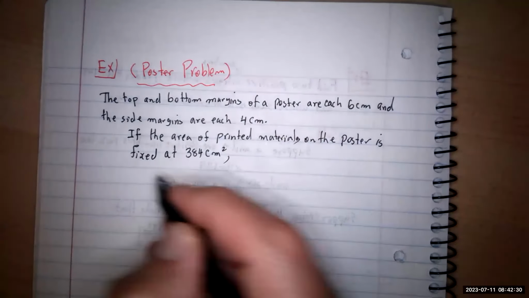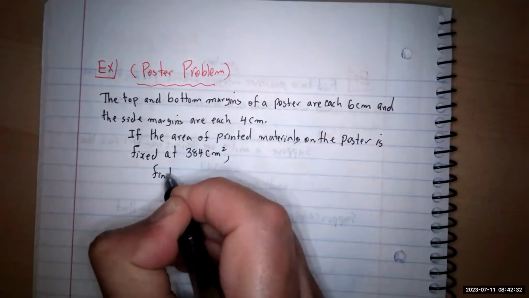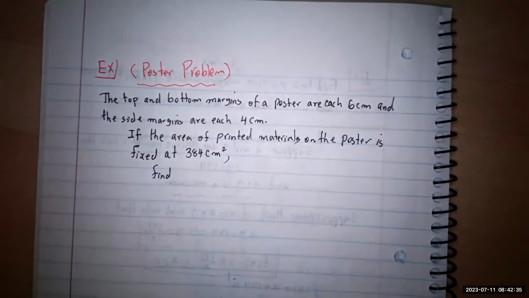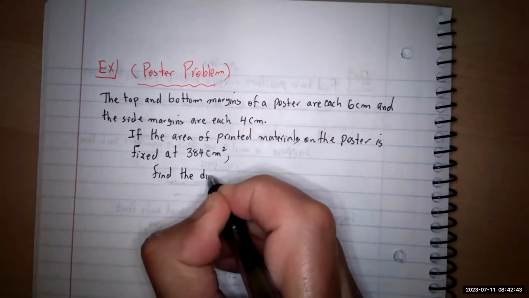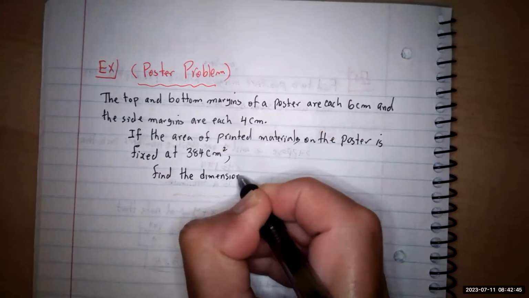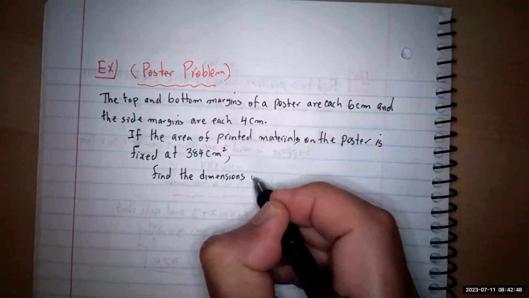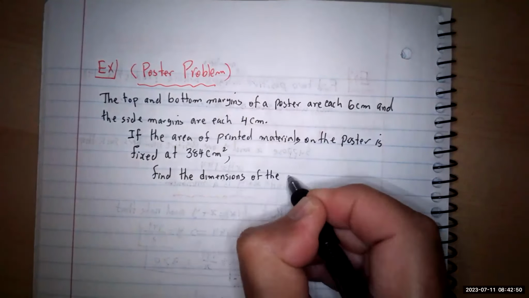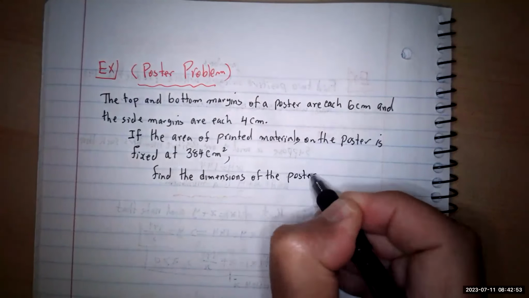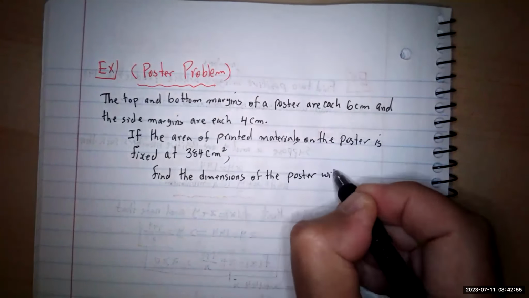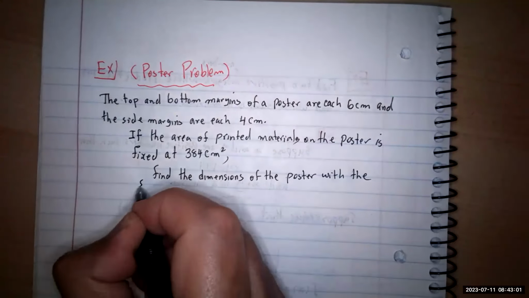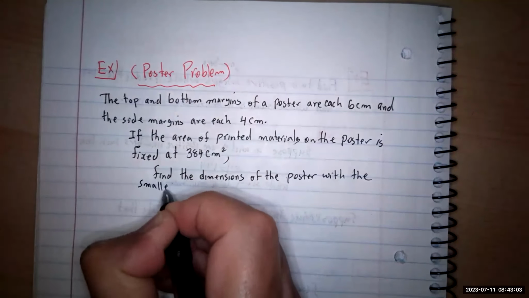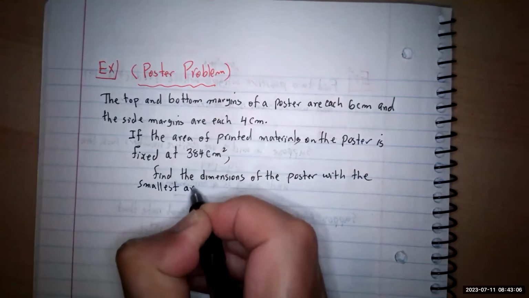So the question is going to be: find the dimensions. You want to save money, so you want to find the smallest possible paper. Find the dimensions of the poster with the smallest area.